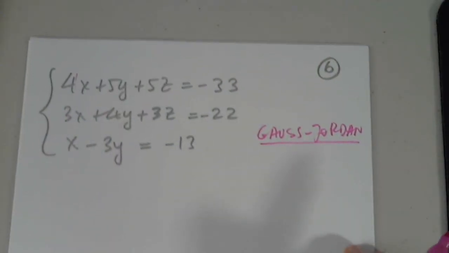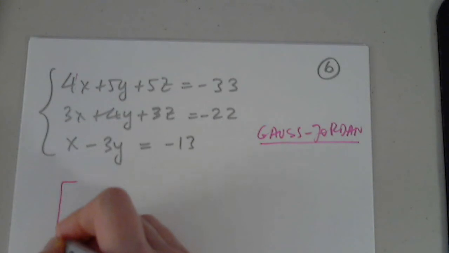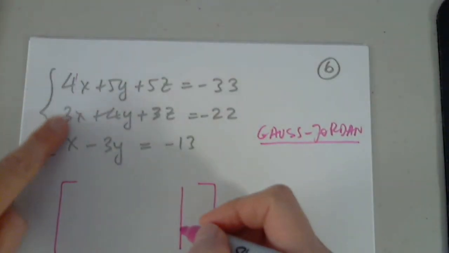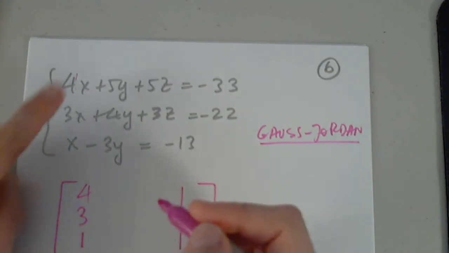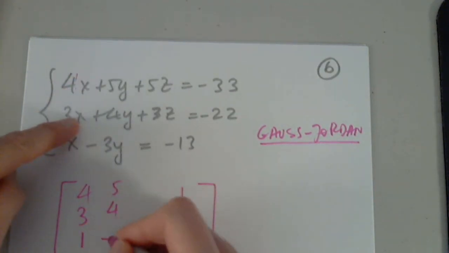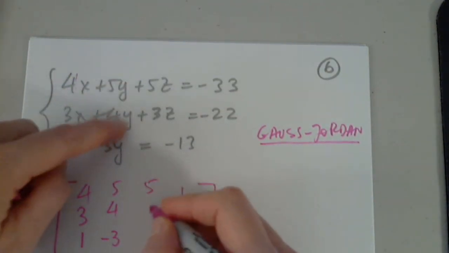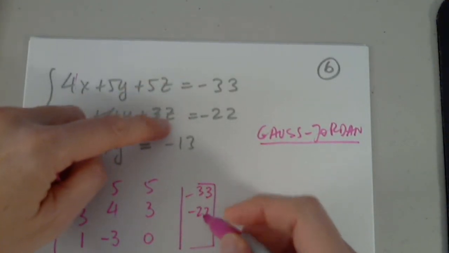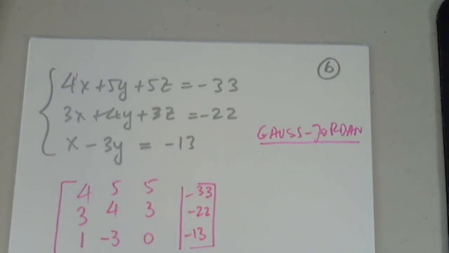They are. In the next step, I will create the augmented matrix. 4, 3, 1. 5, 4, negative 3. 5, 3, 0. Negative 33, negative 22, negative 13.